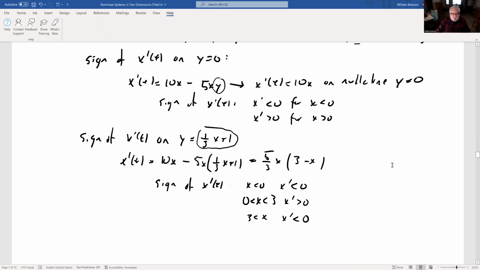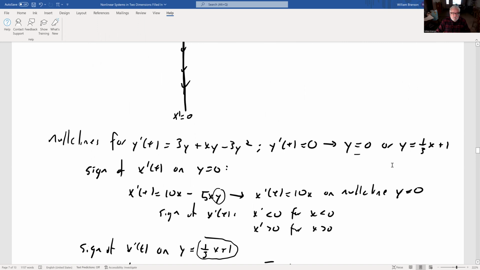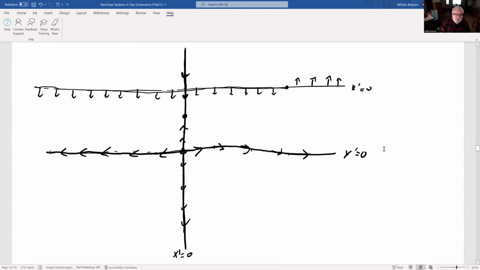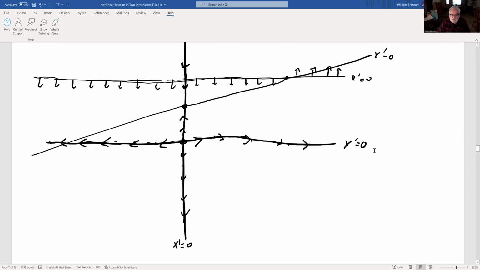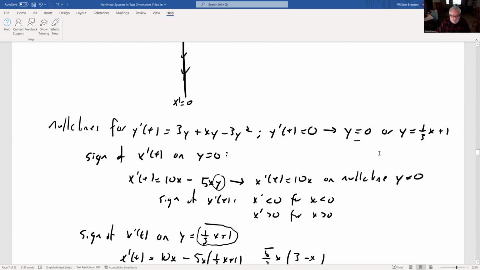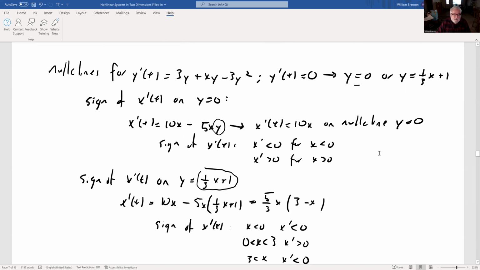So on y equals 1/3 x plus 1. Now 1/3 x plus 1 goes through this equilibria and that equilibria. So this is my other nullcline for y. And it goes negative, positive, negative.